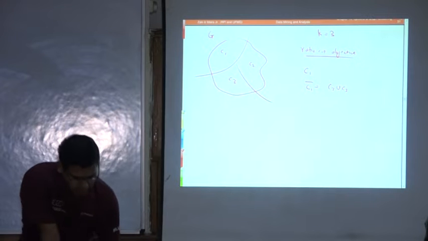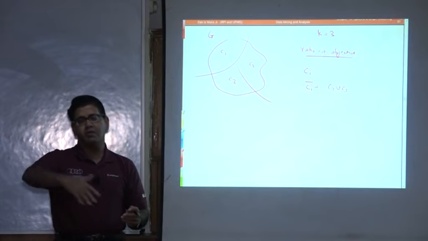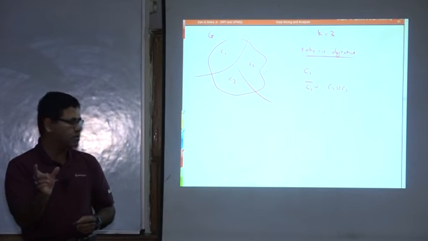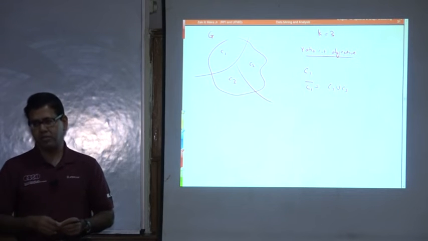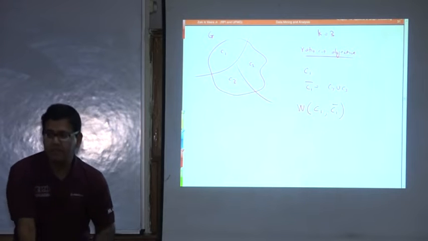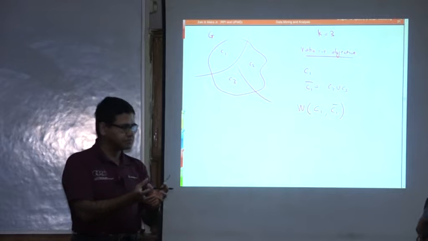So it's basically one cluster against every other cluster in the graph. And I want to minimize the cut between C1 and the complement of C1. That should be one of the terms in my objective function.